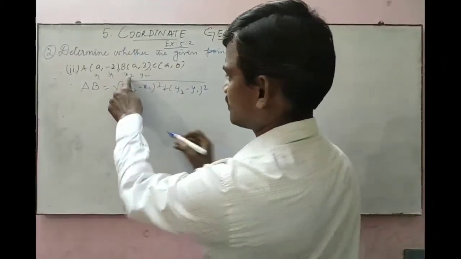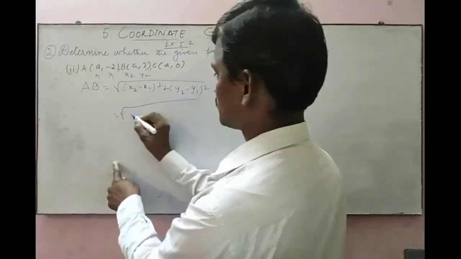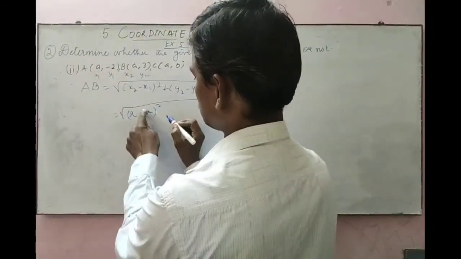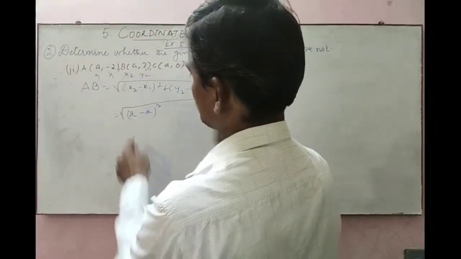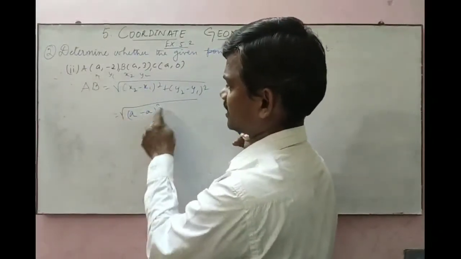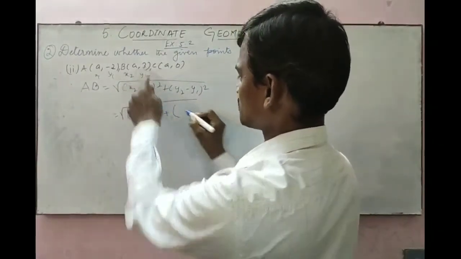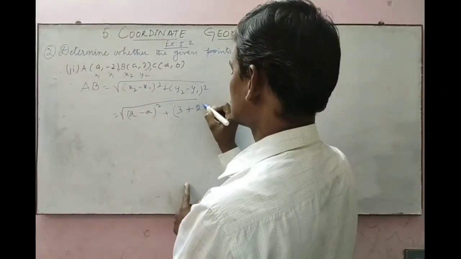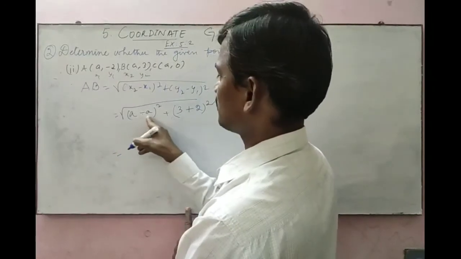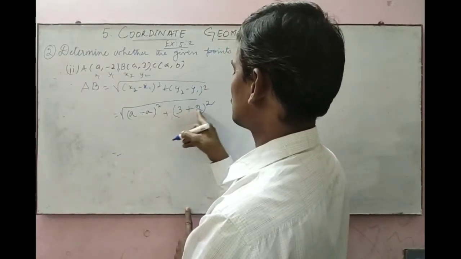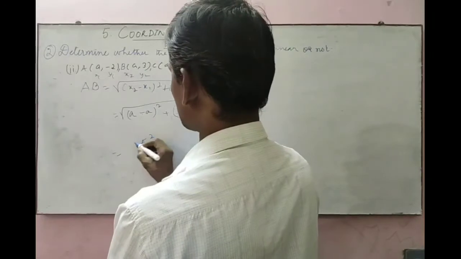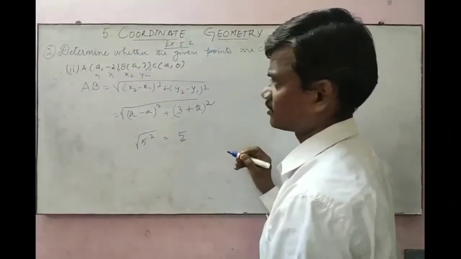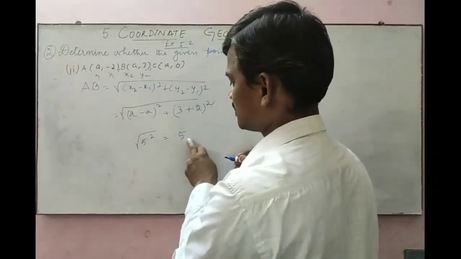So x2 is a, x1 is a, so a minus a whole square, plus y2 is 3 minus, here one minus gives plus, 3 plus 2 whole square. a minus a becomes 0, 3 plus 2 becomes 5, so 5 square. Root of 5 square gives 5. So the distance between the points A and B is 5.